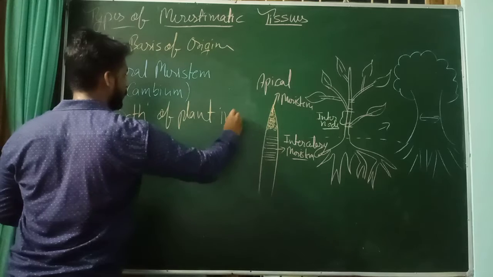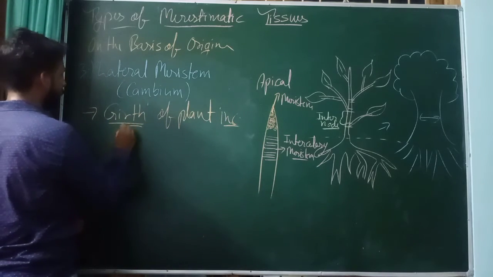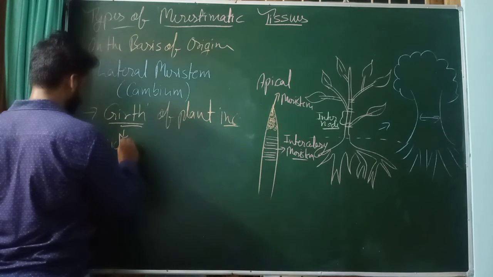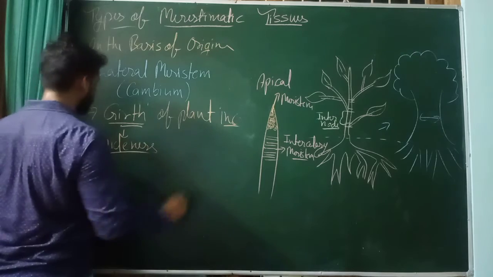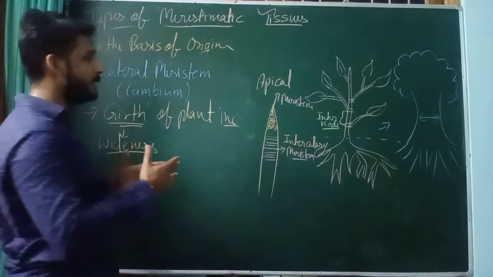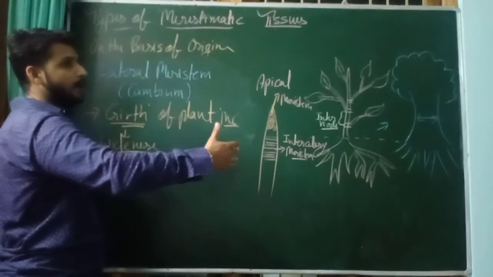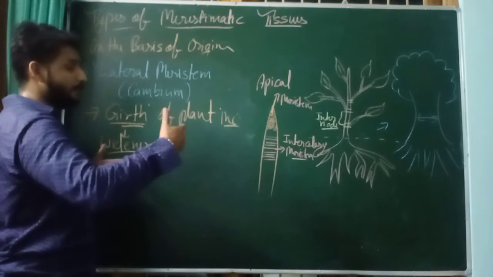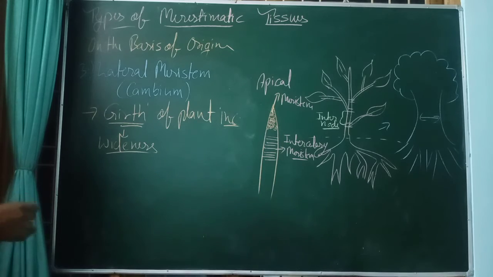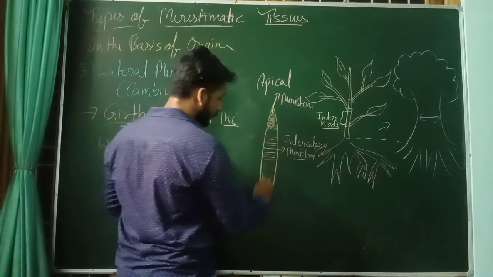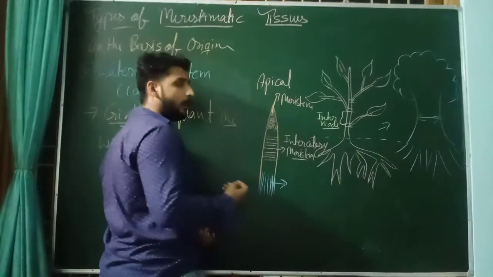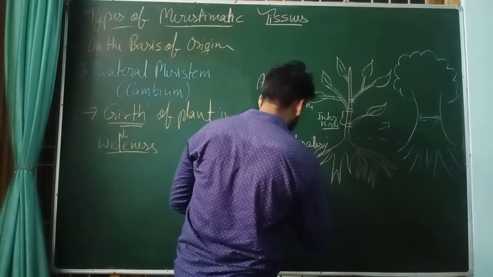It helps in increasing the girth of the plant. Girth means wideness or width. Got it? So the plant increases on the lateral side, and it is all due to the lateral meristem.